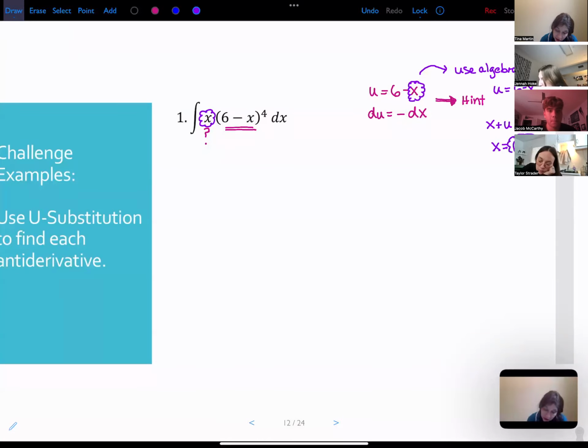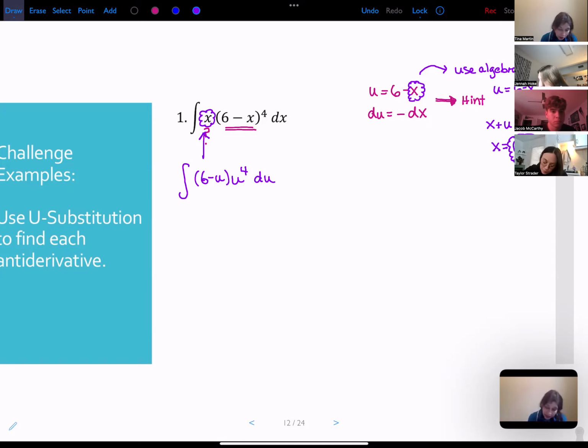So in this particular problem, even though it's not a direct chain rule problem, it can be solved using u-substitution by taking the x and replacing the x with 6 minus u. Then you would multiply and we'd finish it out. But I did want to show you that before our time runs out, that's a little trick.